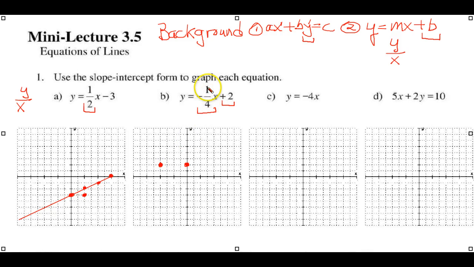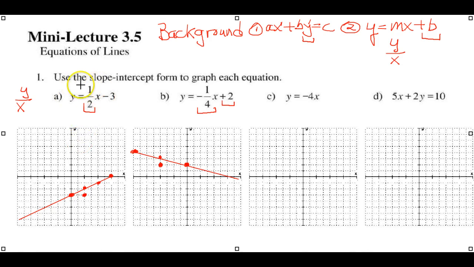And our rise is 1. So we go up 1. Now to get more points, over 1, 2, 3, 4, up 1. So now we make our line. And it looks like so.